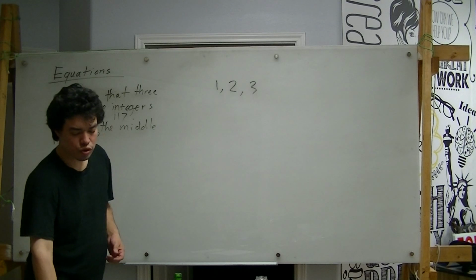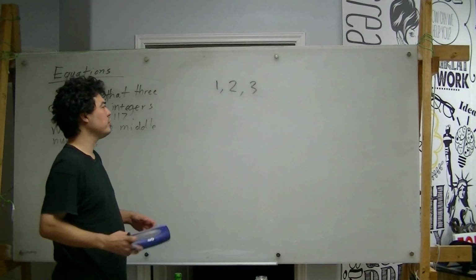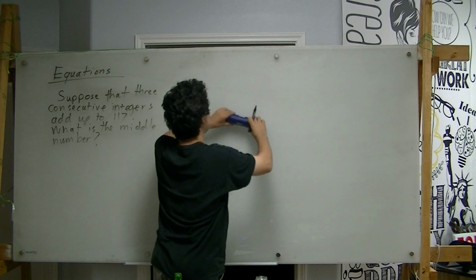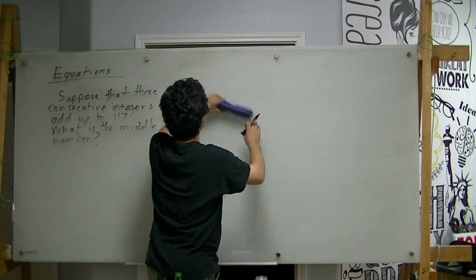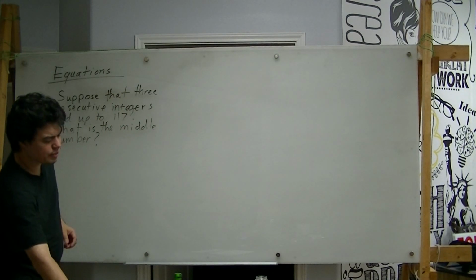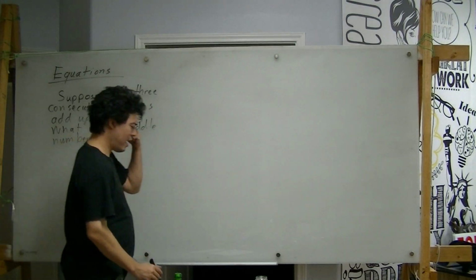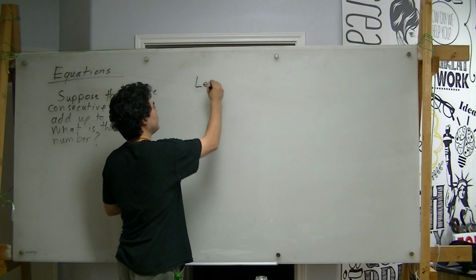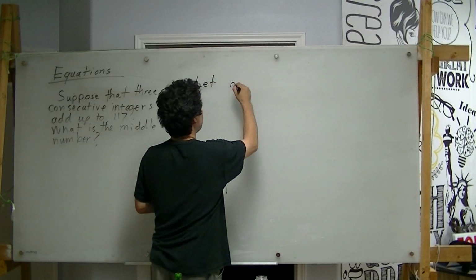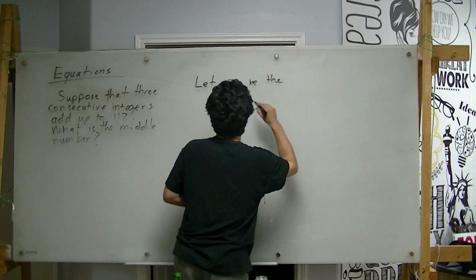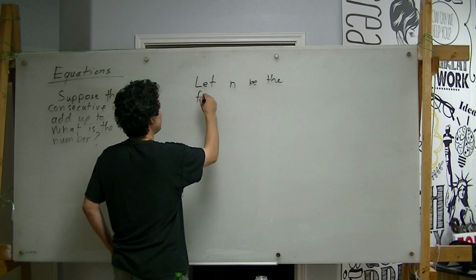Now let me show you how we would use algebra to solve this problem. What I want to do first is imagine that I have the first of the 3 numbers. So we're going to let n be the first integer, the first integer of these 3.